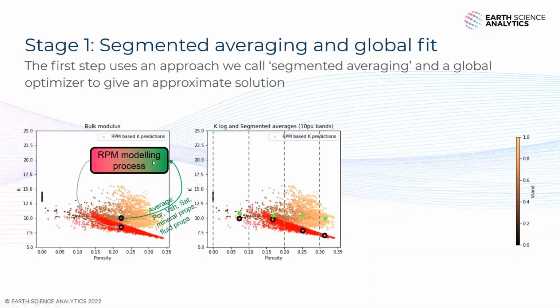So instead of working with the whole data set and then averaging to one point, we average to one point, then rock physics model to get the equivalent point in the rock physics model.